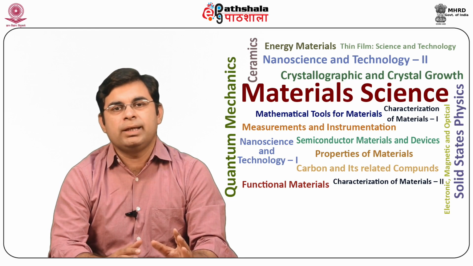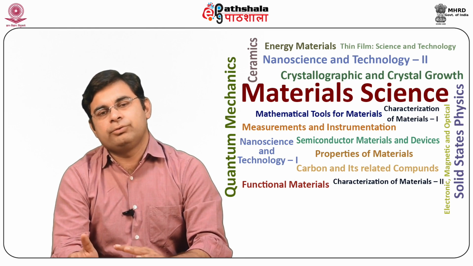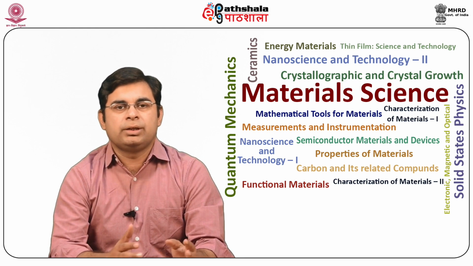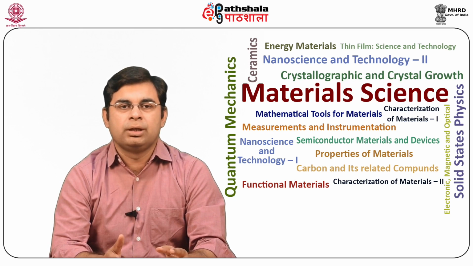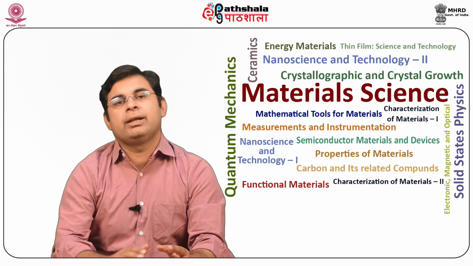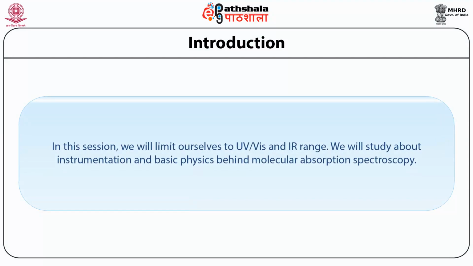Based on the frequency and the wavelength range, the electromagnetic spectrum is classified into various classes. Gamma rays have the smallest wavelength, in the range of 1 picometer, and radio waves can have wavelength as long as 100 megameter. In this session, we will limit ourselves to UV visible and IR range. We will study about instrumentation and basic physics behind molecular absorption spectroscopy.